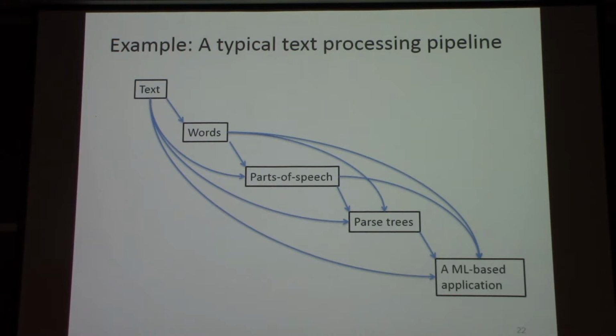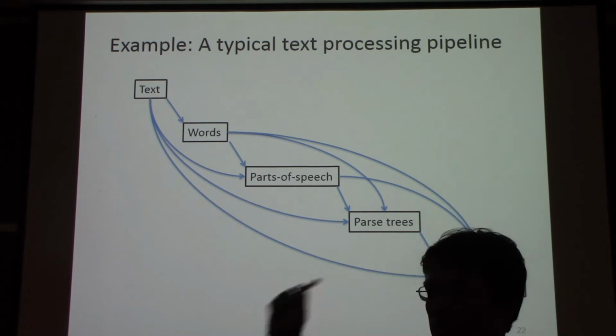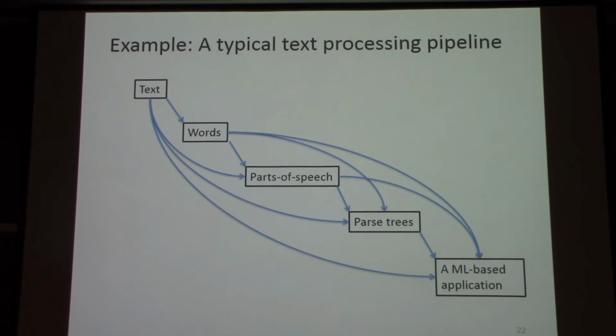I know that there's some overlap between this class and natural language processing, and I know that you are trying to build a system that automatically answers reading comprehension questions. So that could be your application here. So you have all these pre-processing steps, and they finally contribute to your machine learning application.